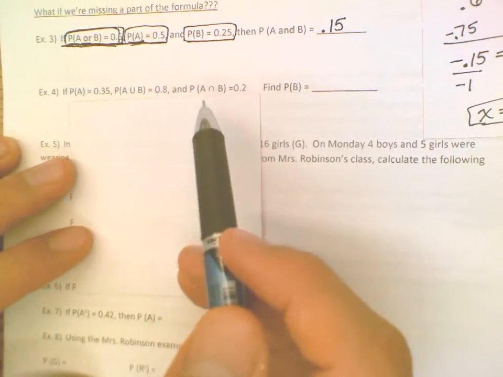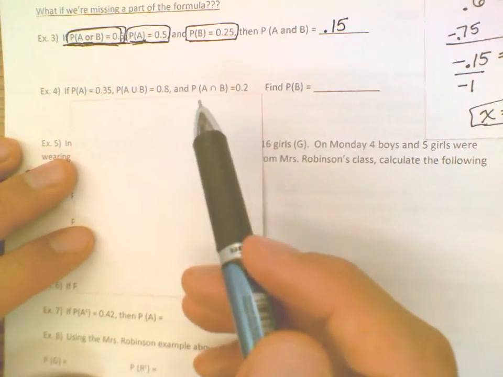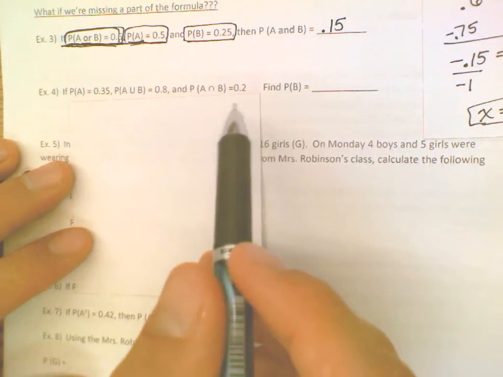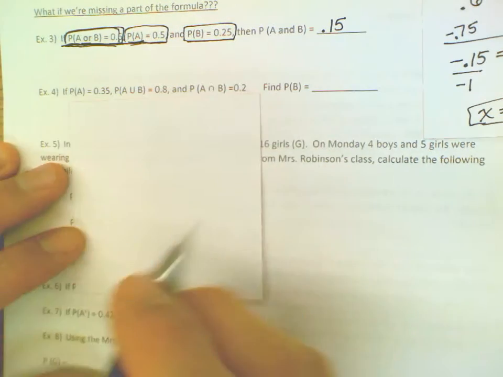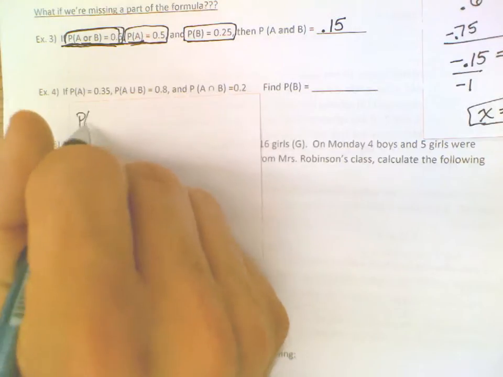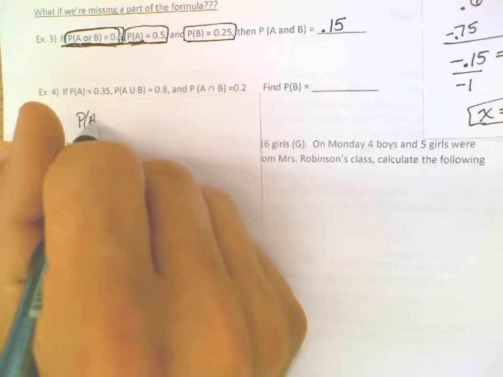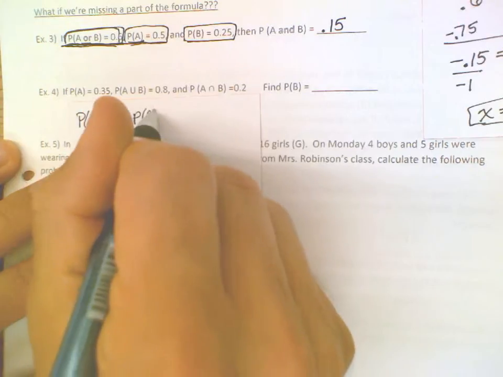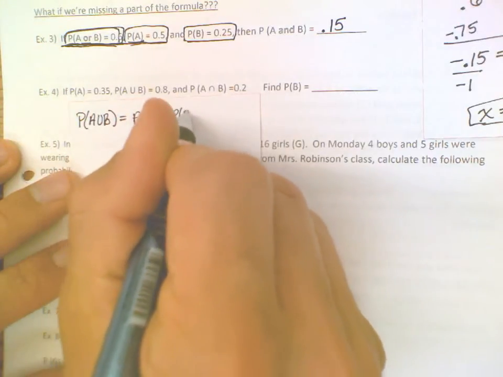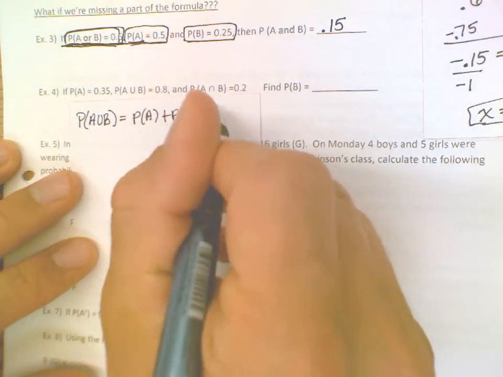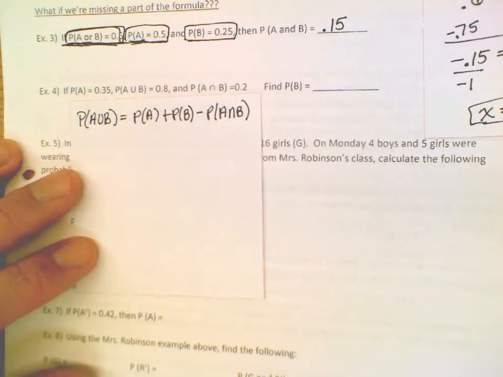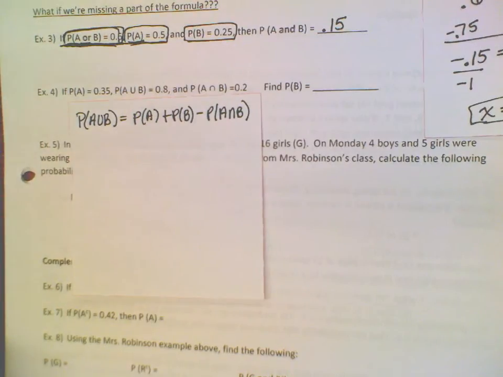Since it's on the same piece of paper, I imagine it's asking me to use the same exact formula. Okay. So I don't really have to even read the question, and I know that it's asking me about this formula. Probability of A or B equals probability of A plus the probability of B minus the probability of A intersect B. Okay, now let's read the words.